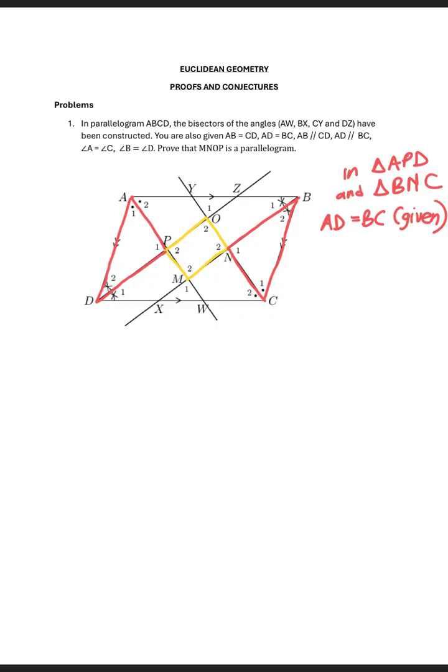And then we also see that angle A1 equals angle C1, which is also given. And we see that angle D2 equals angle B2, which is also given.